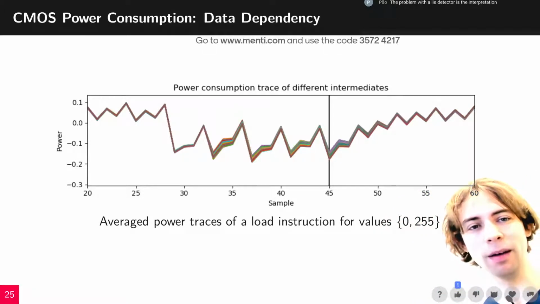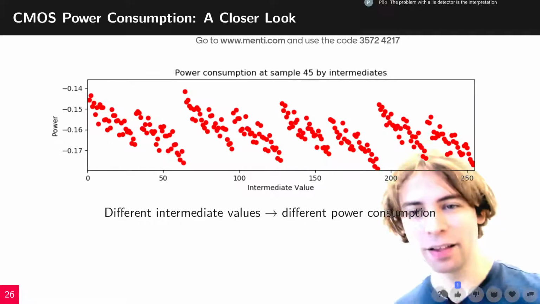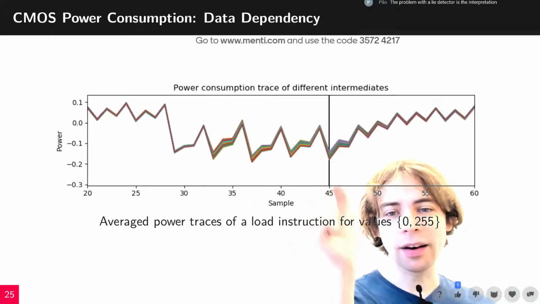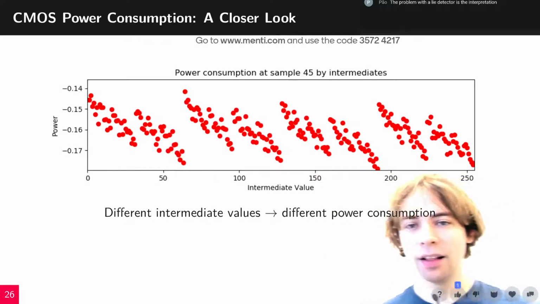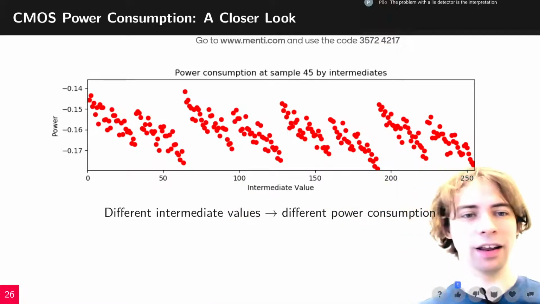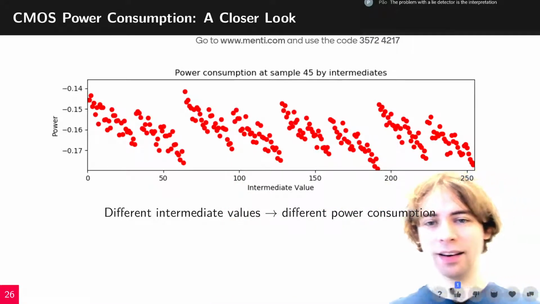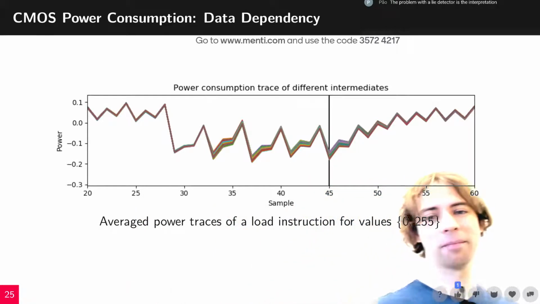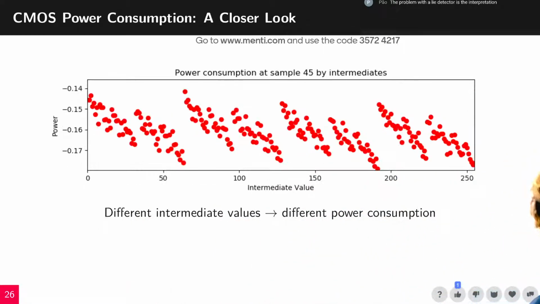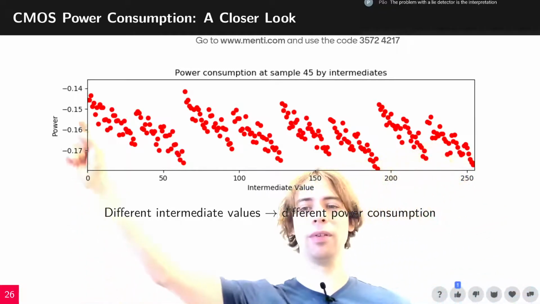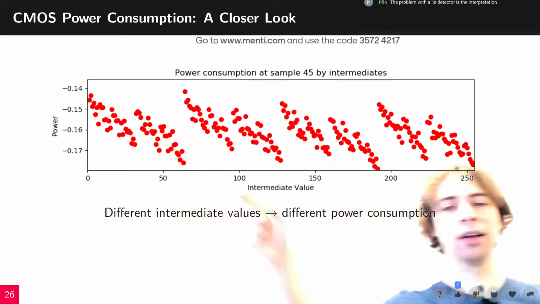Let's maybe zoom in a bit. So we look in this region here, and oh, there are very clear patterns again, and different intermediate values have a different power consumption. So there's a very clear correlation.